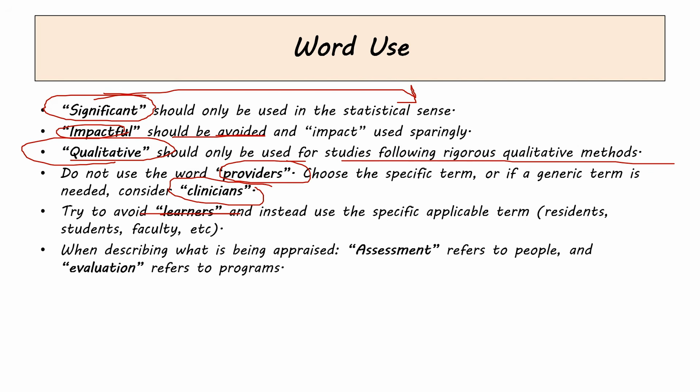You should be specific: residents, students, faculty, and like that. Don't use a general term like learners. Okay, and if you are describing something appraised, if you want to refer to people, use the word assessment, and if you want to refer to programs, use evaluation.